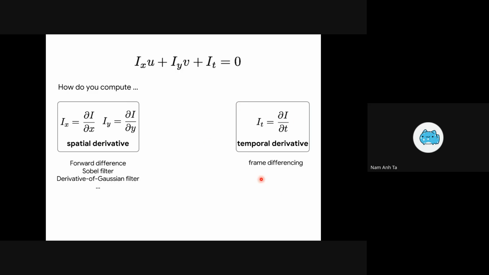The second thing here is the temporal derivative, the It. This represents the brightness change over time. Typically we will use frame differencing, which involves subtracting one frame from the adjacent one to see how much the brightness at the pixel has changed.